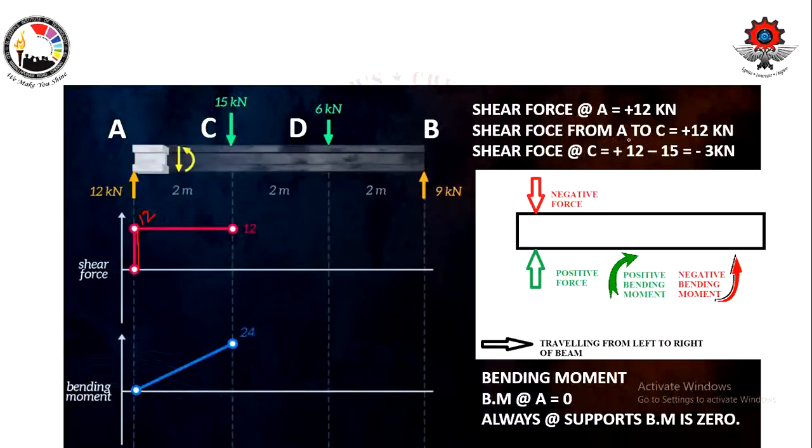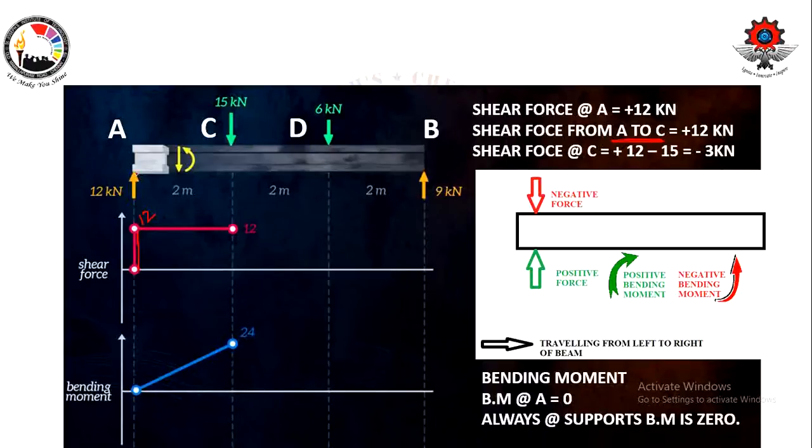Now, shear force from A to C. I have already taught you in the video which carries information about the relation between the rate of loading, shear force and bending moment. In that I gave you three conditions. Condition number 1 was your point load, which has zero rate of loading.